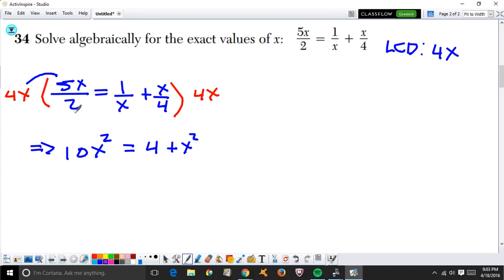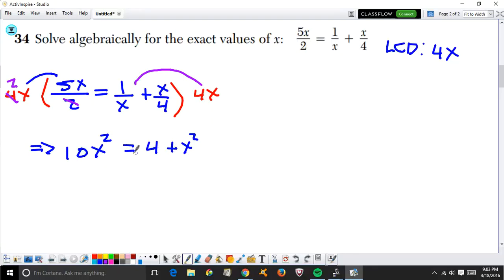We got 10x squared because this 2 cancels out with this 2, and becomes a 2, so 2x times 5x is 10x squared. If we distribute here, this x is going to cancel out with this x, and we get that 4. And this 4 is going to cancel out with this 4, and we get this x squared.